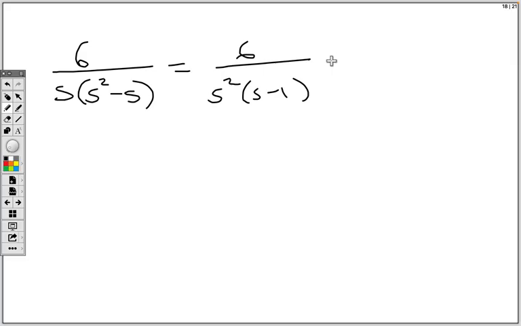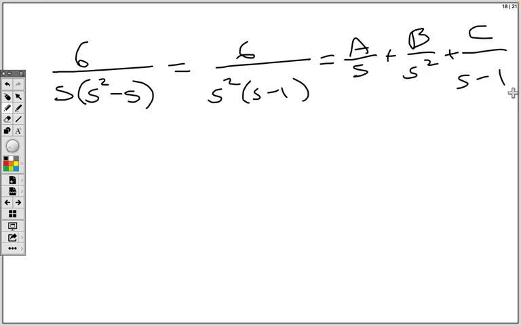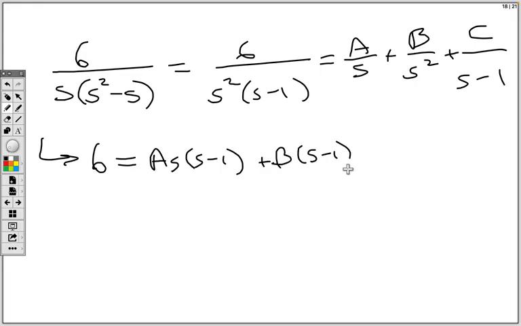So now we're back to more or less the same decomposition we had before. So I've got A over s plus B over s squared plus C over s minus 1. Clear denominators, or use Heaviside, whatever. Pick some good values of s.